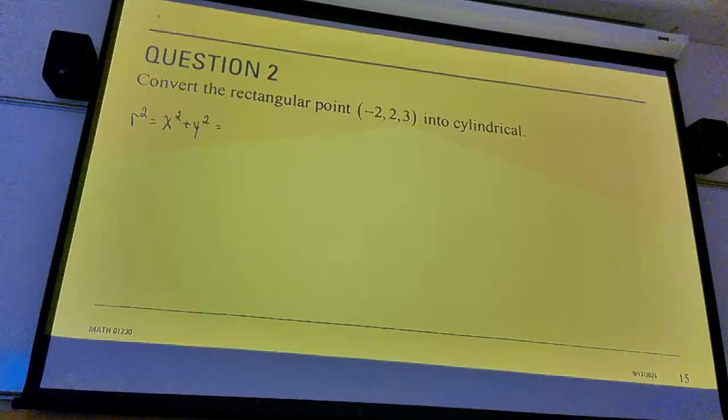Real quick, what? 8. So what is r? Two root 2. Is that required for tests? For easy ones like that, yes.